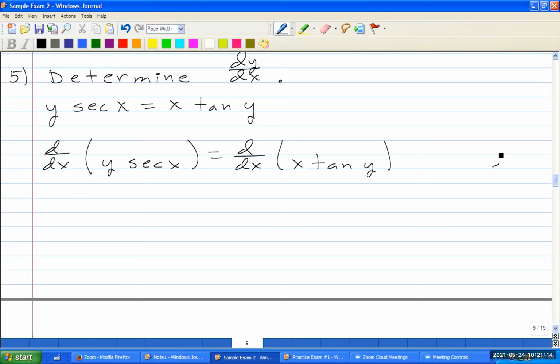And so derivative of the first times the second. So secant x times dy dx. Plus the first times the derivative of the second. Derivative of secant x is secant x tangent x.